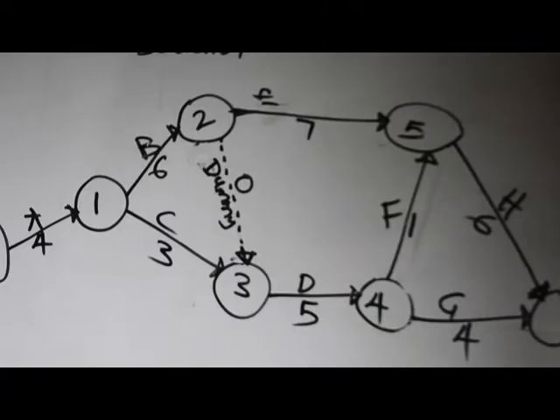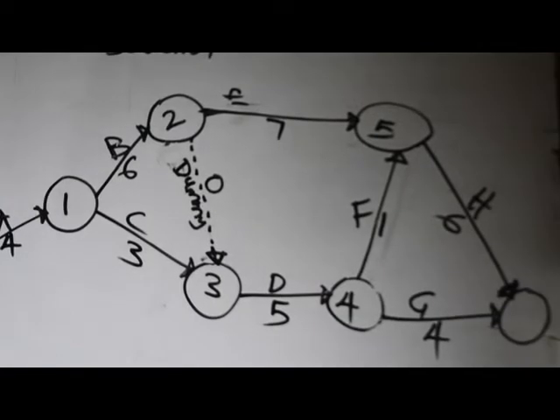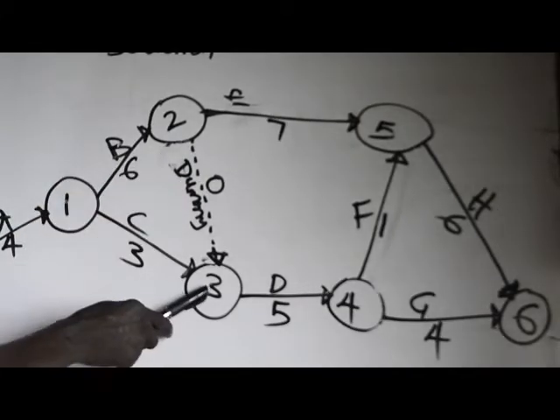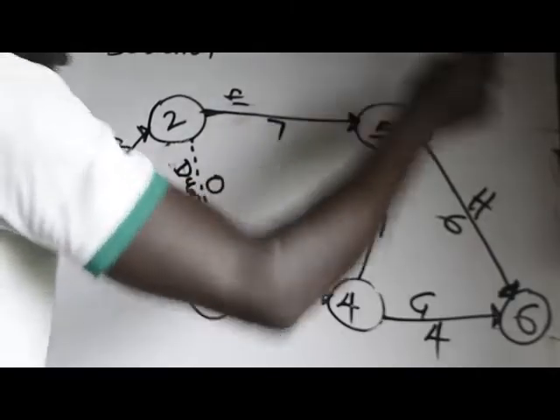So this is the network diagram. This will now be number 6. This is number 6, number 5. This is 0, 1, 2, 3, 4, 5, and 6.